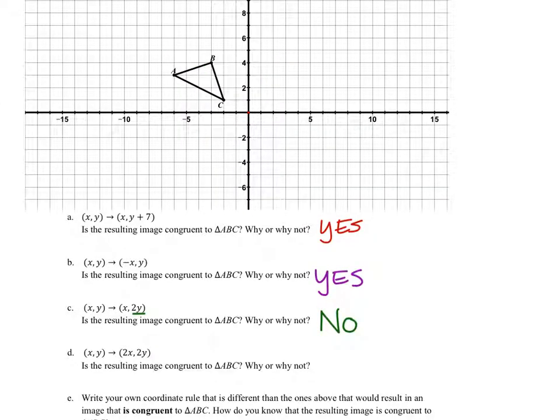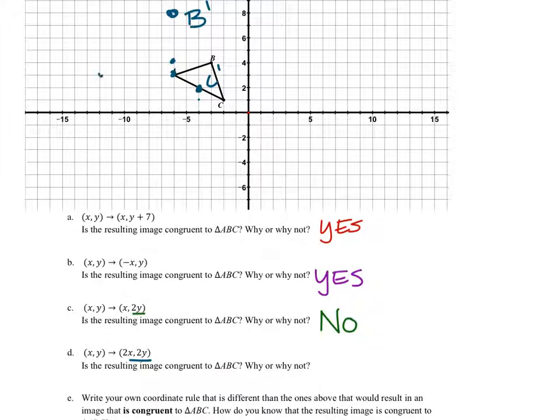So now the rule is to take (x, y) and then double x and double y. So on these, x is doubled, so now it's over here, and then the y is doubled, which puts us right here, C prime. B, we're going to double the x's and then double the y's, which puts us up here, B prime. So A, this is where the x is.